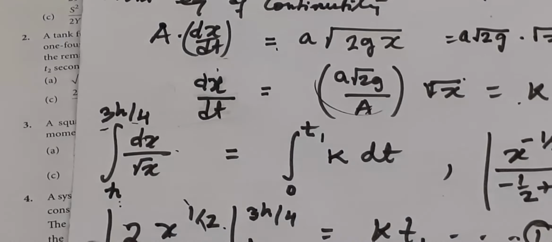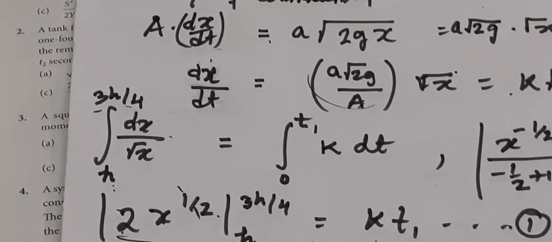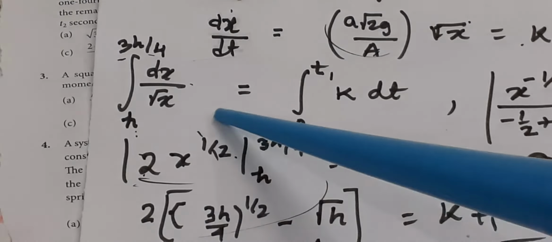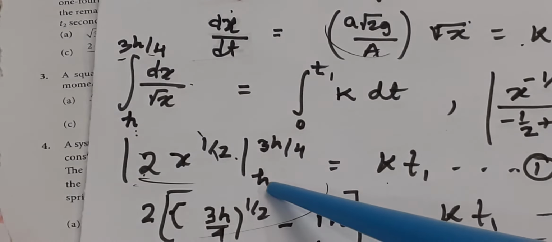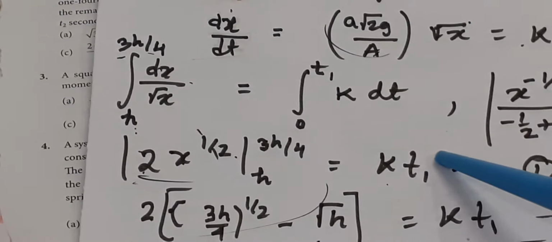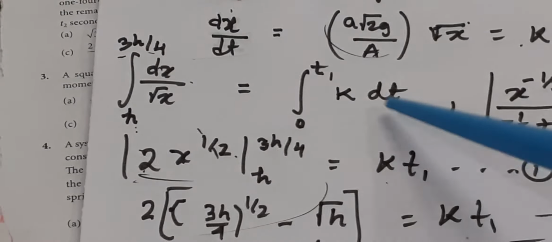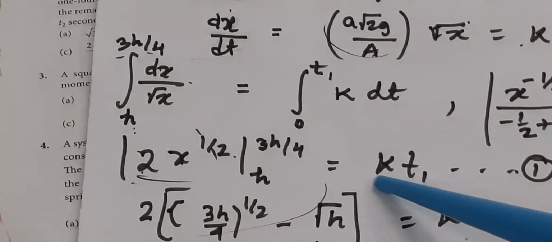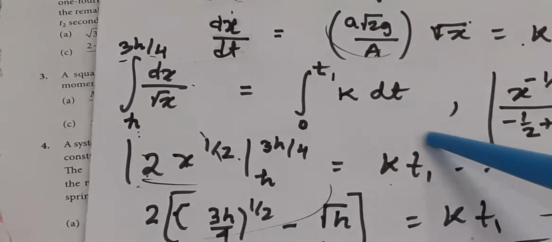From here, if we integrate, we will get this type of expression, that is 2 root x, x to the power half. Lower limit is small h, upper limit thrice h by 4, equal to k into t1, because this integration will be k into t1 minus 0, that means k into t1. So this is one of the equations available here.